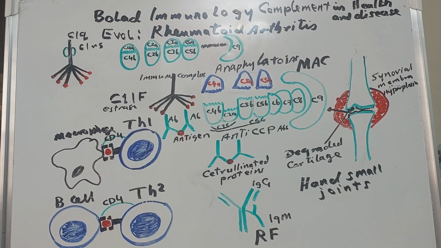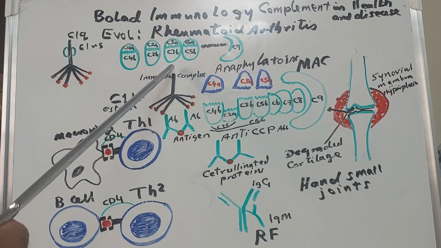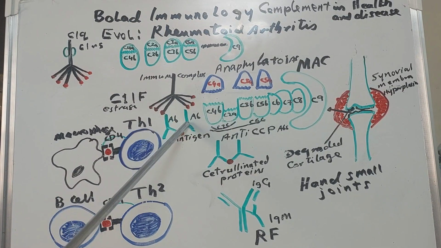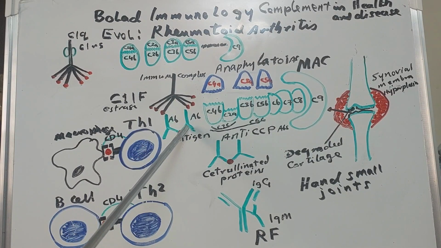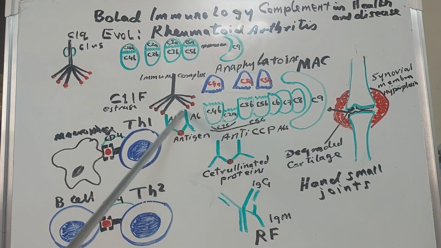However, after initial activation, usually by formation of immune complex, the classical pathway of the complement system gets activated following formation of immune complex. And the immune complex is formed of two antibodies, for example of IgG. They capture here an antigen, and this we call immune complex.